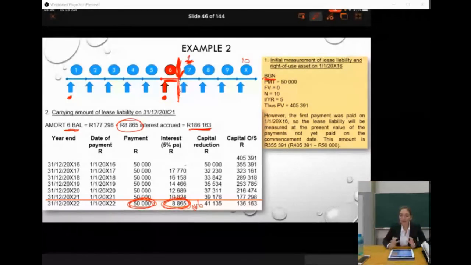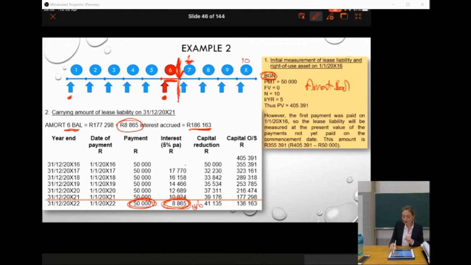So that's the tricky thing about this question: you have to know what your calculator does. When you set your calculator to beginning and you ask it for the amort function balance, it gives you the balance after the payment, which is at the beginning of the year.